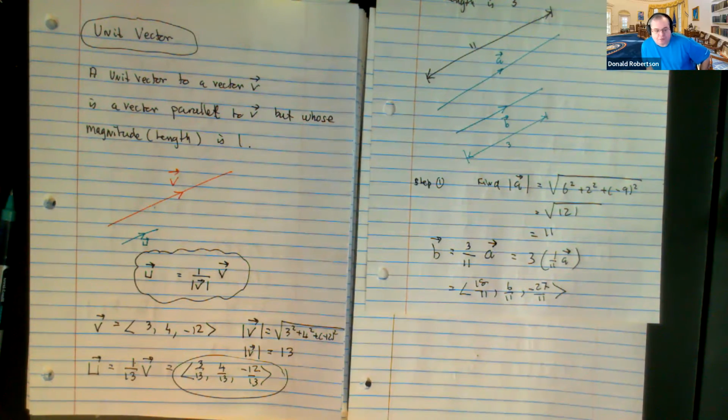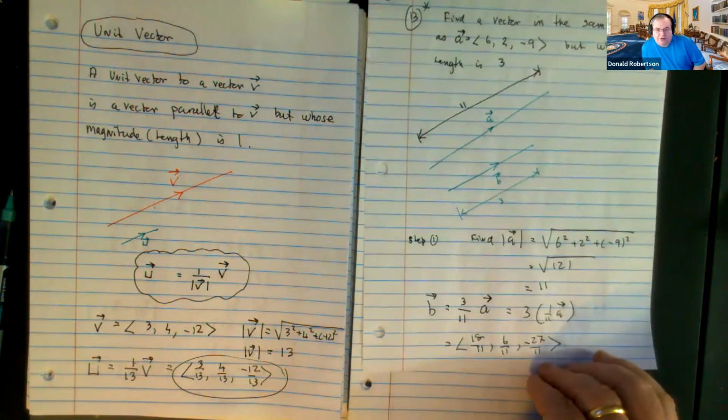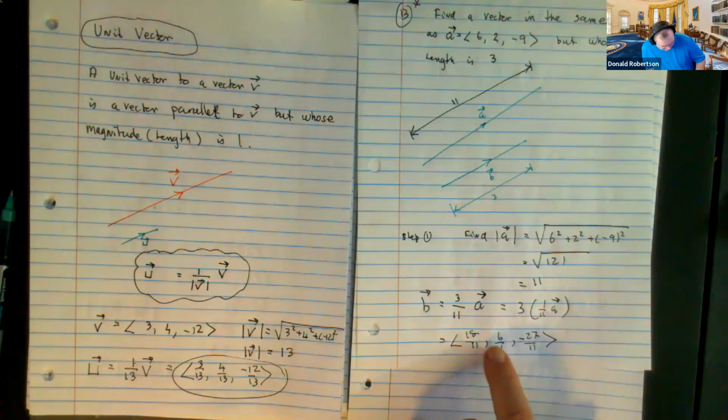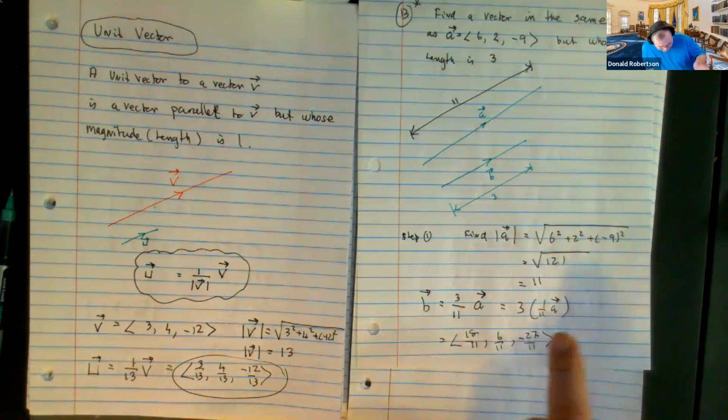And we have solved the puzzle, which is what vector is in the same direction as the vector A, but whose length is 3. And you could check this, couldn't you? Do that squared plus that squared plus that squared and find the answer, and it would have a length of 3, right? You could do the magnitude.